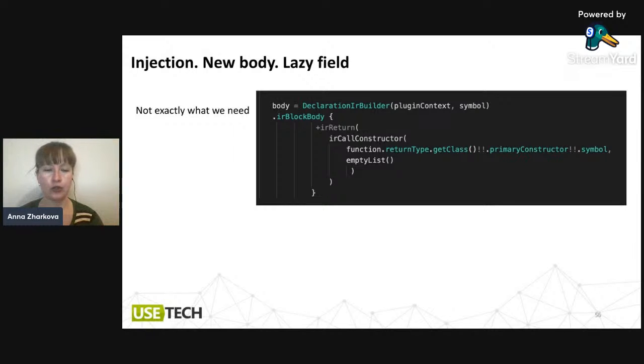So if we need to create the element every time, we will call the constructor, and this constructor will call, for example, the primary constructor with an empty list. So it is the simplest solution.